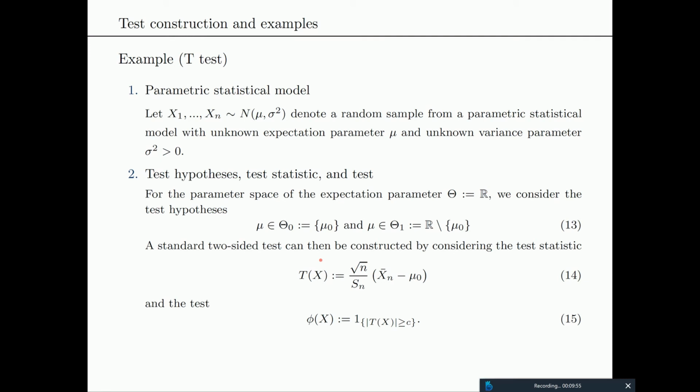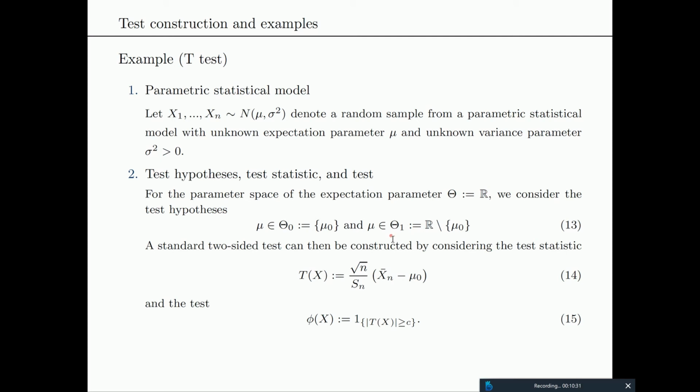And in this case, we consider the test hypothesis that the true but unknown expectation parameter is in theta 0, which only contains one value, namely mu 0, and the alternative hypothesis that the true but unknown parameter is in theta 1, which is the parameter space without this mu 0. So this is the partition of the parameter space, and this is a simple hypothesis, and this is a composite hypothesis, but that's just further nomenclature.